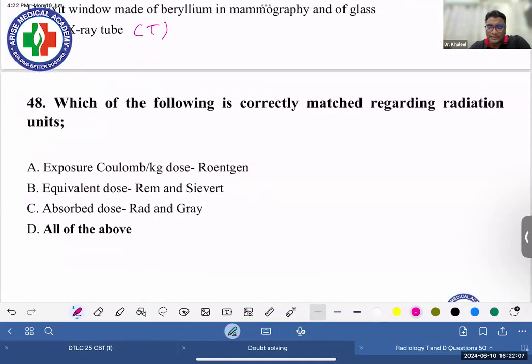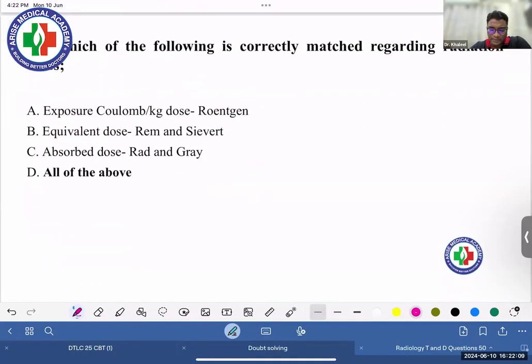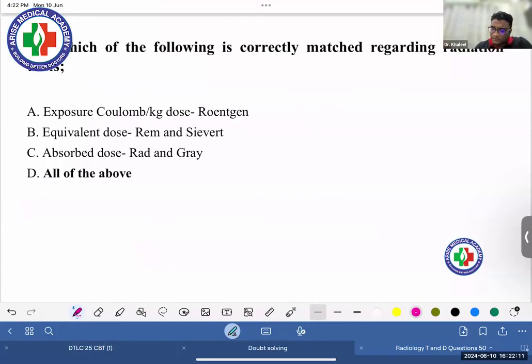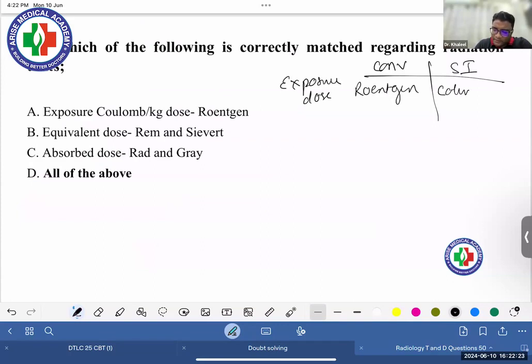Next, which of the following is correctly matched regarding radiation units? So remember, if you look at exposure dose, you have conventional units and SI units. Conventional unit is Roentgen, SI unit is coulombs per kg. If you look at absorbed dose, it is rad and gray.